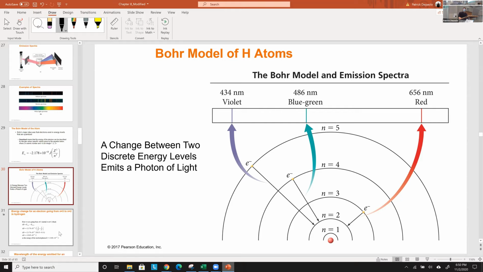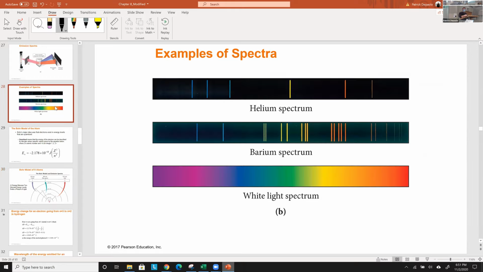And there's a correlation between the amount of electrons, or how large the atom is, to how many bands it shows on its spectrum. And we can see that when we compare hydrogen and barium versus helium. Same thing, same concept. Helium only has 1, 2, 3, 4, 5, 6. Barium has a ton because barium's bigger.